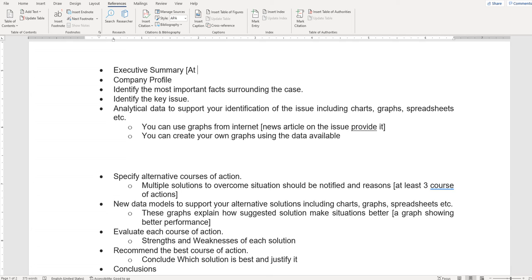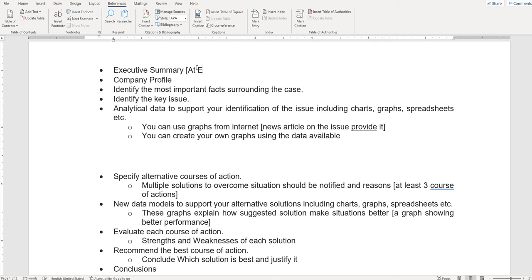Usually we start with generic information, then discuss the key problem, then how the research was conducted and what facts and figures were identified, and your conclusion in brief. Writing the executive summary will be easy after completing all the activities given here.